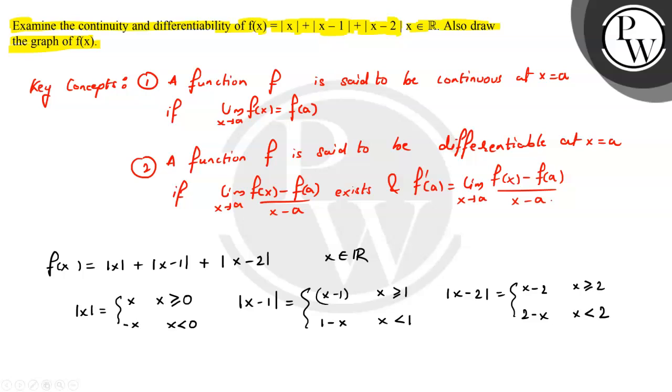Now let's try to write the function in piecewise form. So we have function f(x) equal to x plus x minus 1 plus x minus 2 for values of x greater than or equal to 2. Let's just write it like this and then we will simplify further.